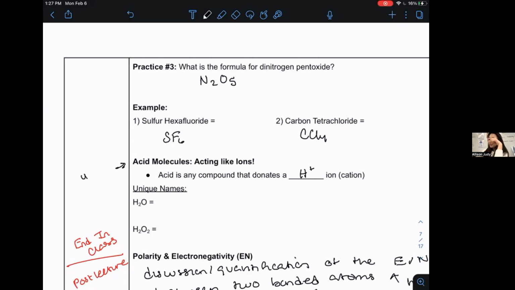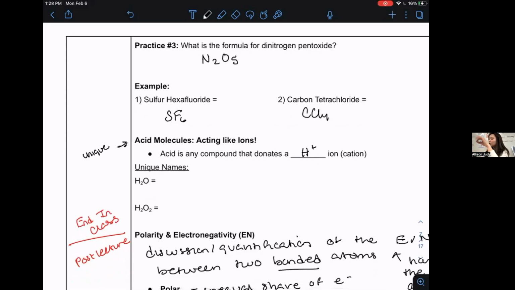We're going to investigate acids and bases deeply in the coming units. This is going to be a huge topic of yours. So just hold on. Save this, pin it for later.